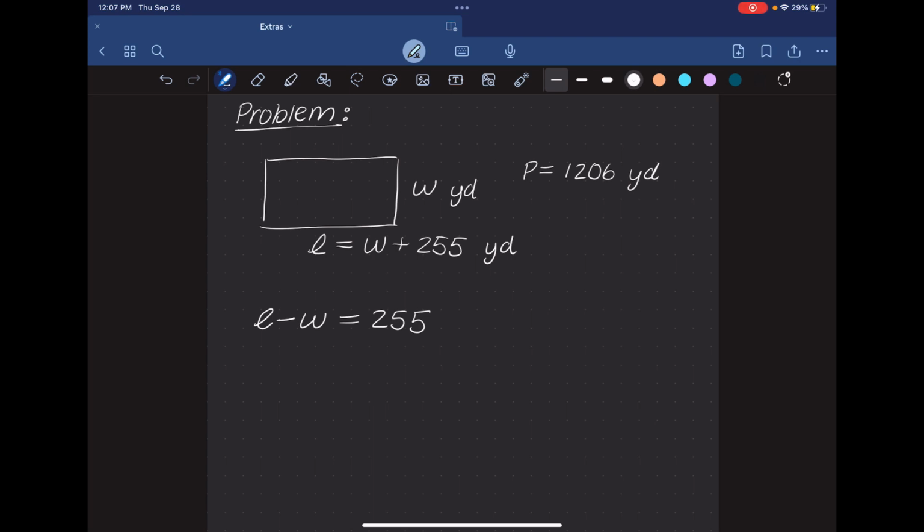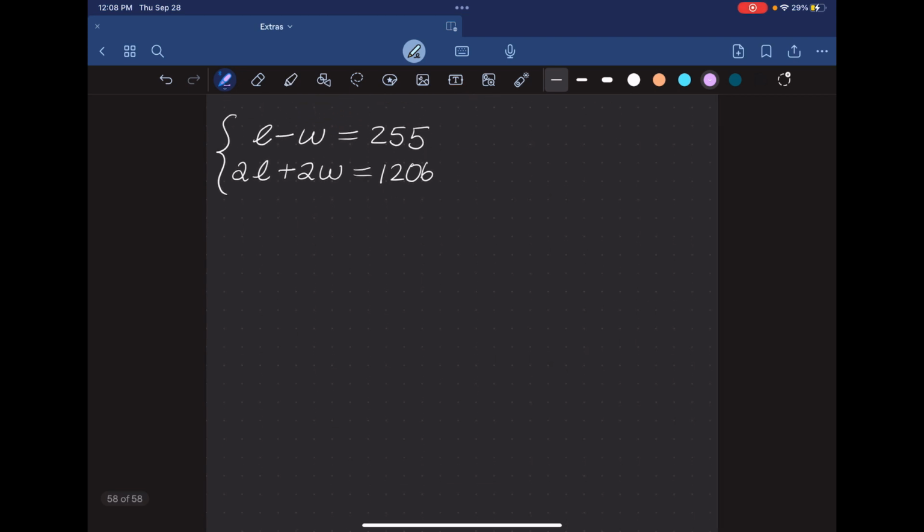The perimeter would be 2 times the length plus 2 times the width, and that should be equal to this 1,206. So this would be our system of equations. With this system, you can use elimination or substitution. I'm going to use substitution because we already have this nice length is equal to width plus 255.